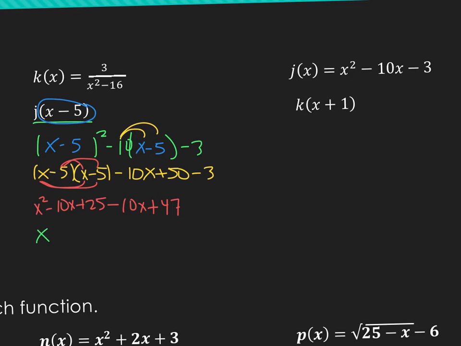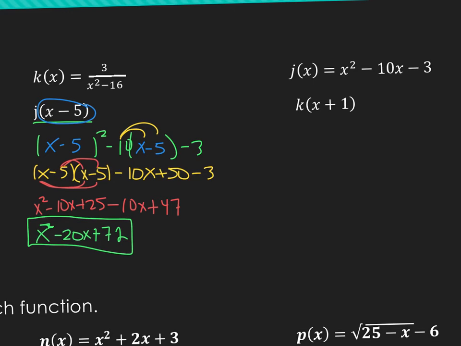So notice we'll have an x squared, -10x and -10x is -20x, 25 plus 47 is 72. And guess what? That's it, you're done.